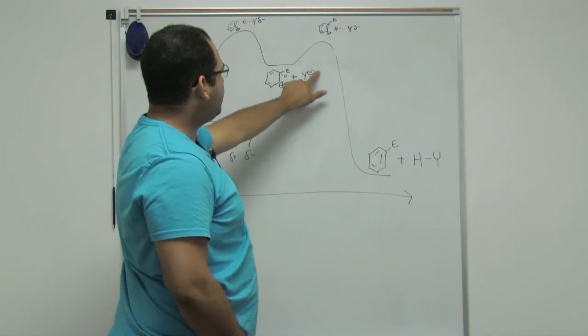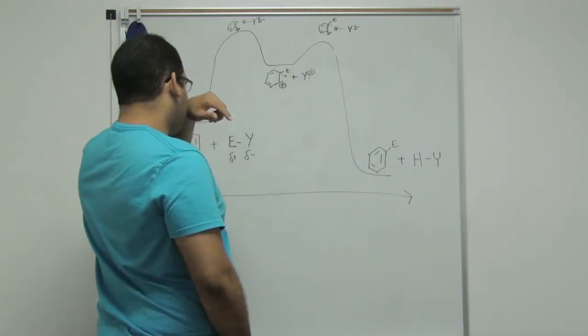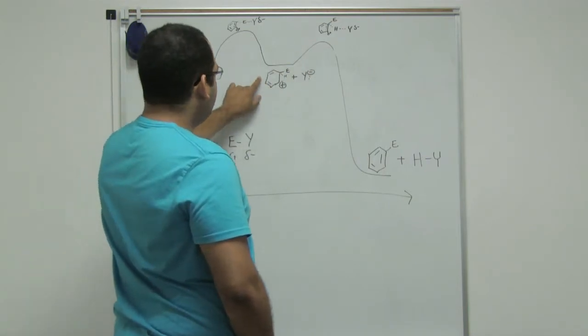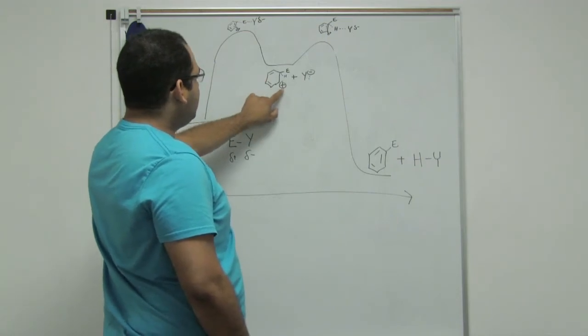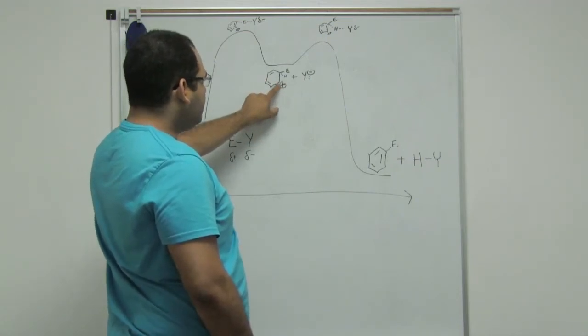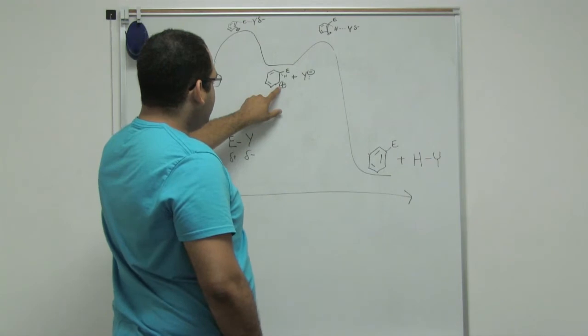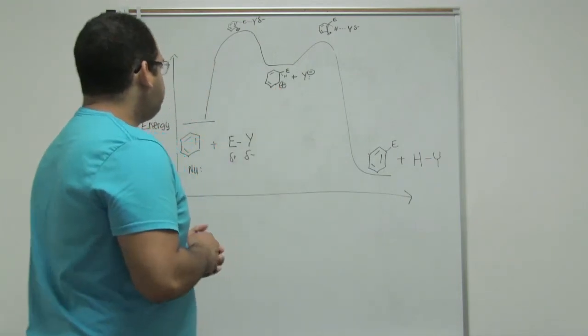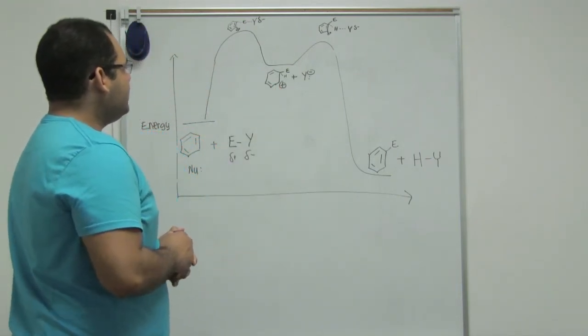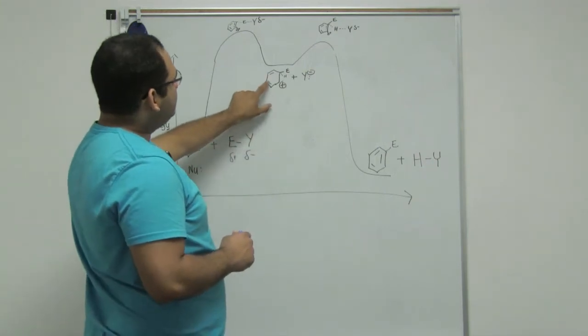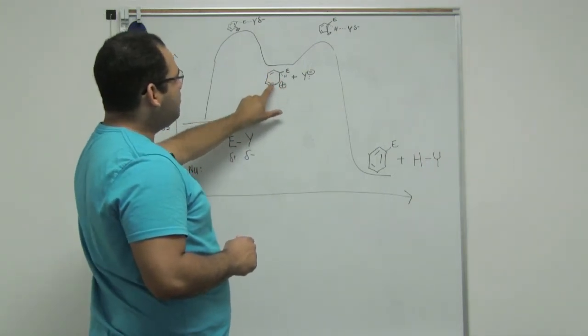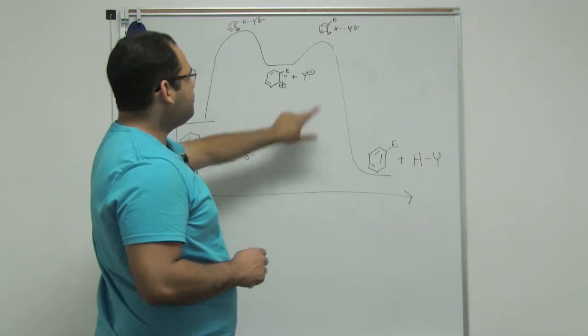In this part, we have our carbocation, our cyclohexadiene cation, being formed, with a full plus charge on this carbon. Remember, this carbon is in the allylic position, so it is stabilized by the delocalization of these double bonds, plus our nucleophile.